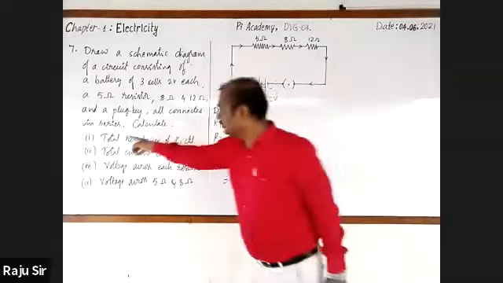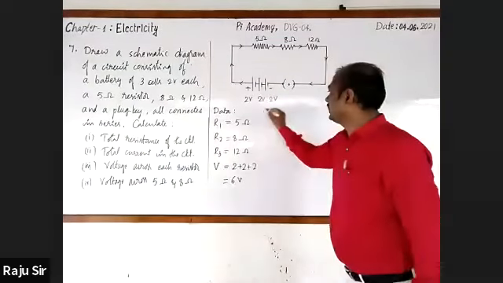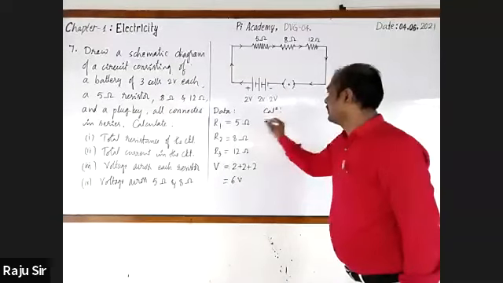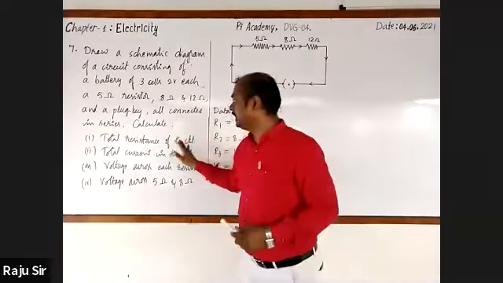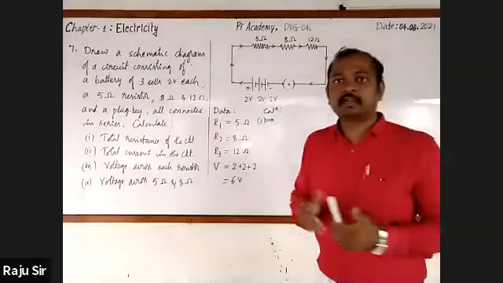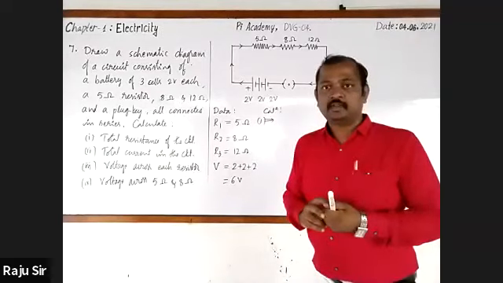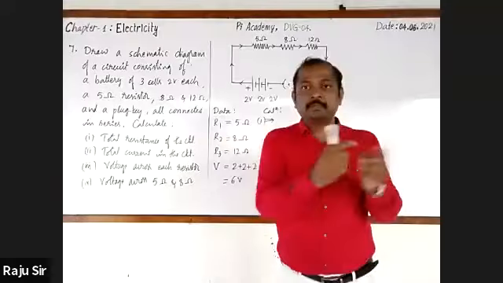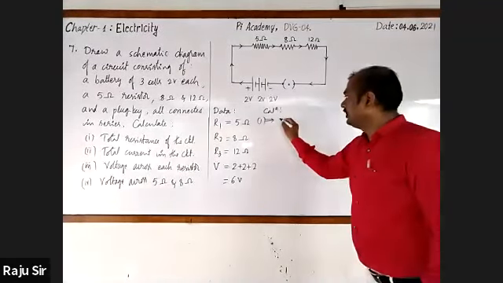Now let's move on to calculating these. Calculation. First one, we are going to find the total electric resistance. As the resistors are connected in series, to find the effective resistance, they must be added. So let us write them.